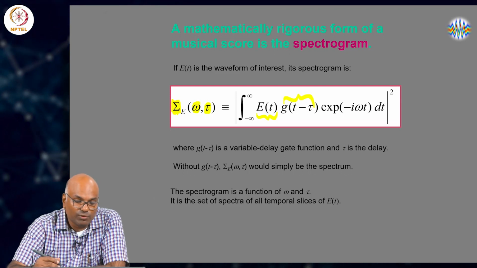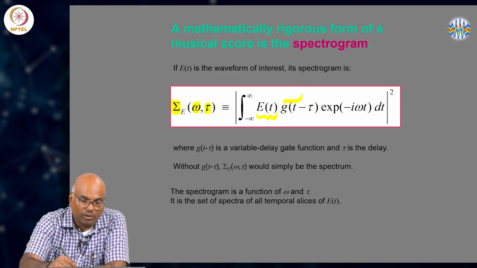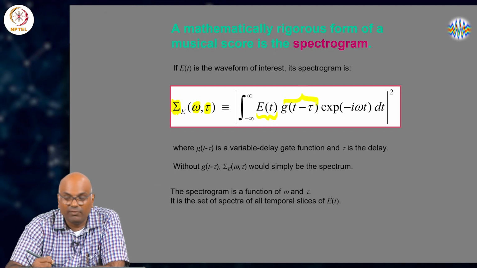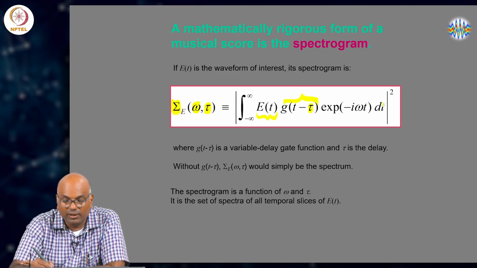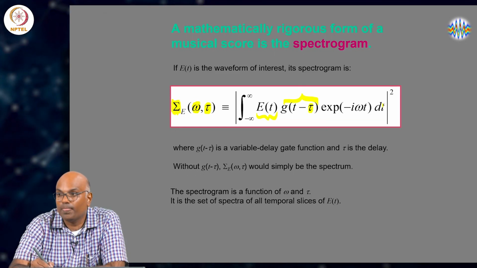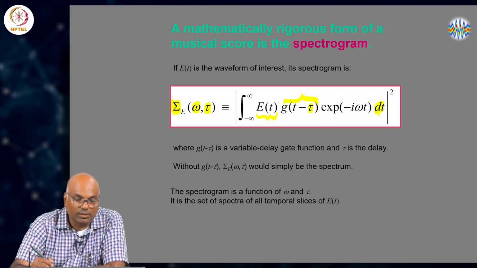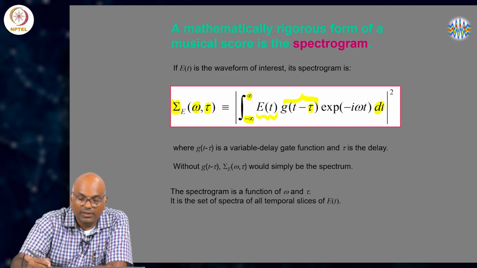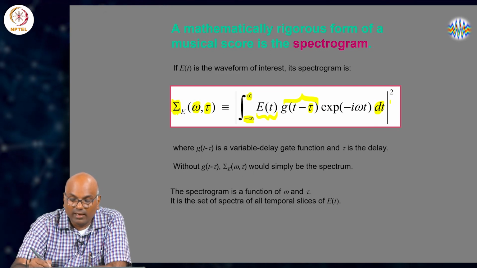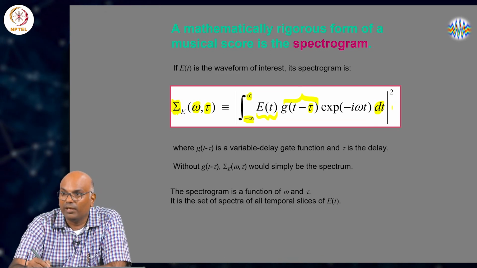So, we have introduced this new entity called the gating function g of t minus tau. Note here that we integrate out t, the time, because the integral from minus to plus infinity over dt and taking the mod square is what finally the detector does.